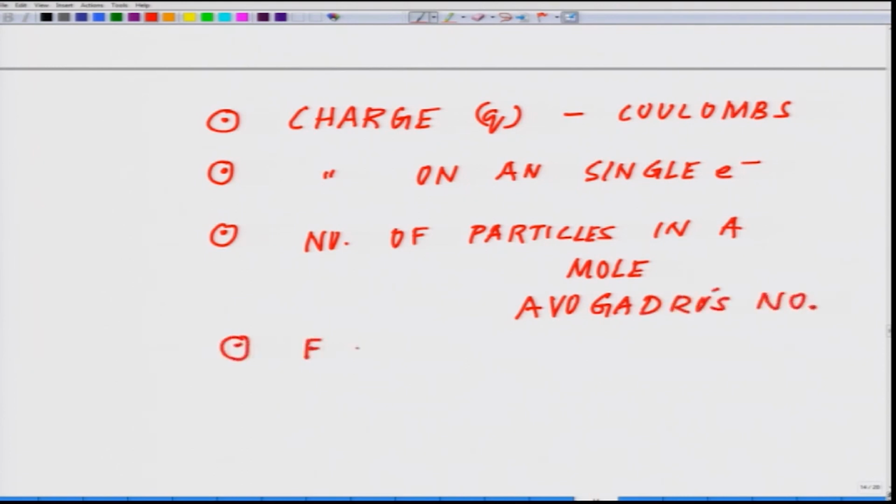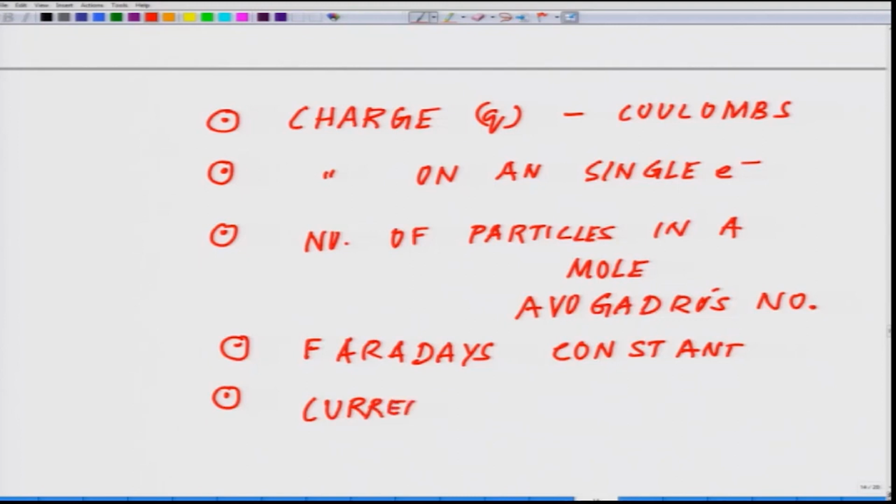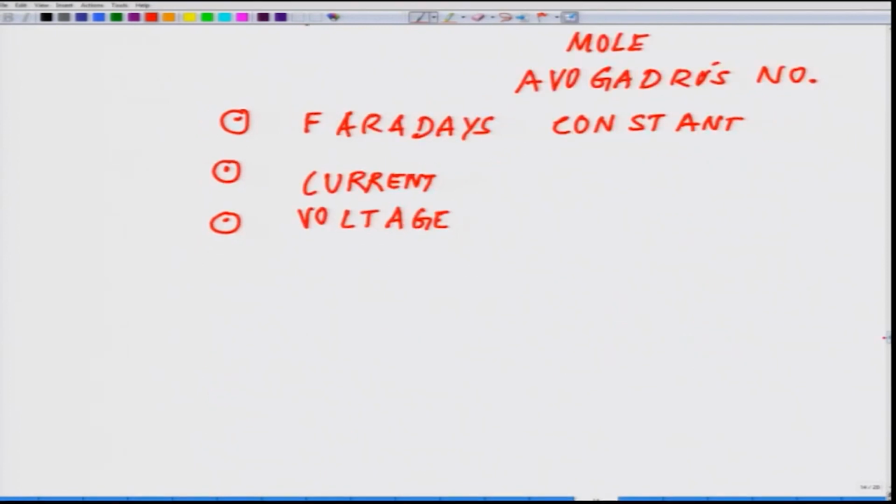Then we talked about Faraday's constant. Then we talked about the current. Next, we talked about the voltage. So, you are slowly moving, if you realize it. Then we talked about the work done, the relationship between work, voltage and charge.